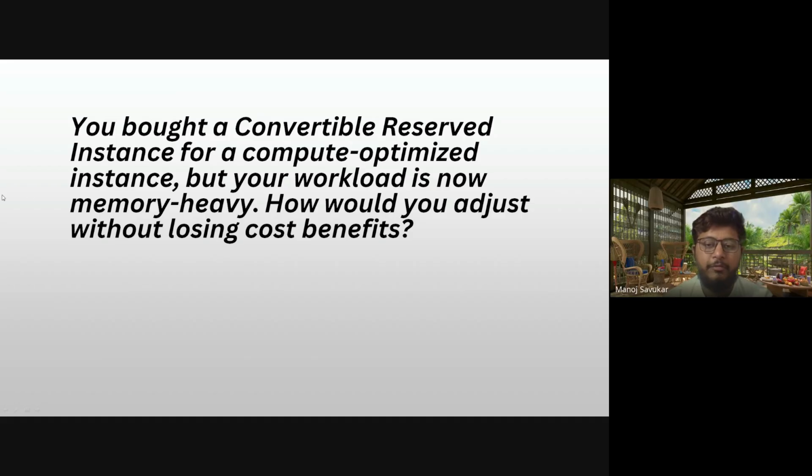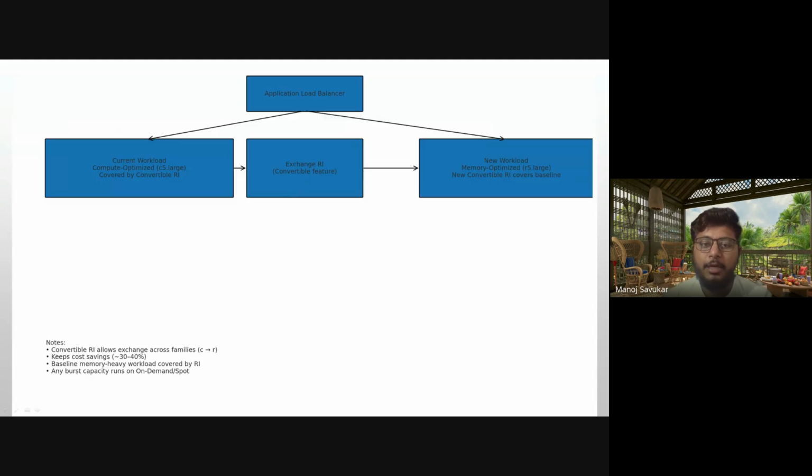Yeah, very well. You covered the scenario, and one more small detail we can add. We need to take the reserved instance, right, when we are converting from cost optimized to memory heavy.